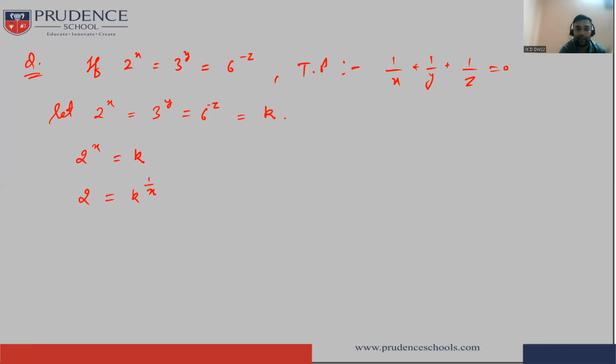We have taken the reciprocal of the powers on both sides to get this number. Similarly here, 3 raised to power y is also equal to k. So 3 can be written as k raised to power 1 upon y.